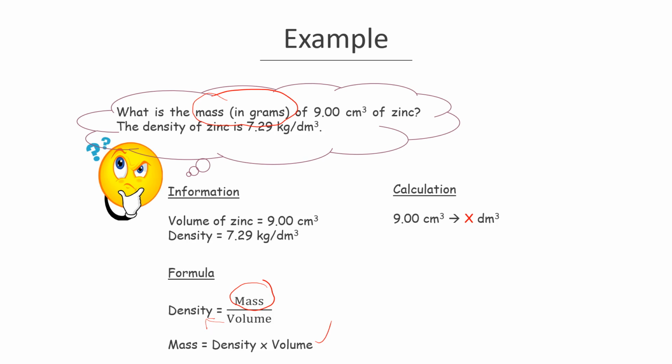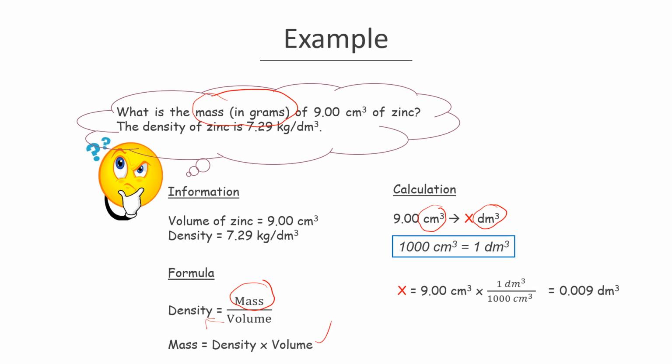So what's next? For the calculation, we have to convert first, 9 cm cube to dm cube. Here we know that 1000 cm cube equals 1 dm cube.